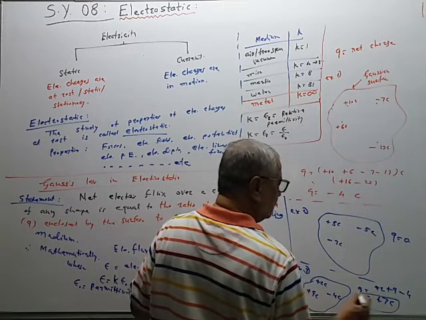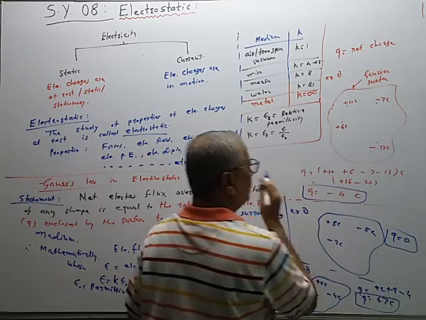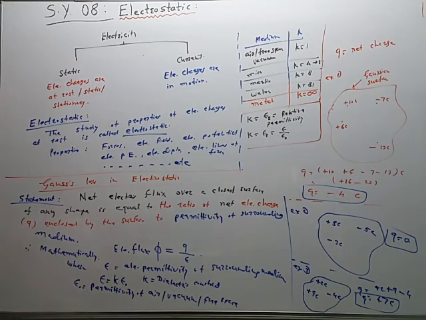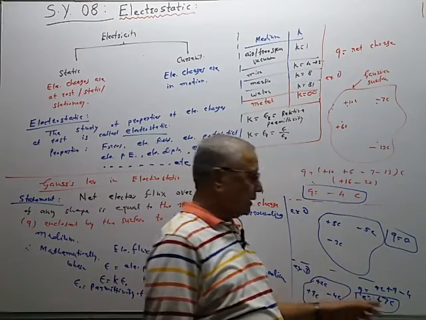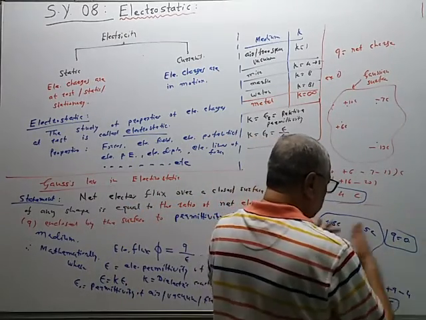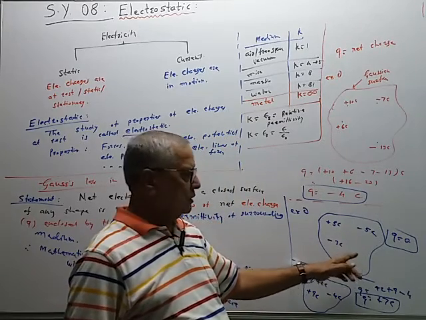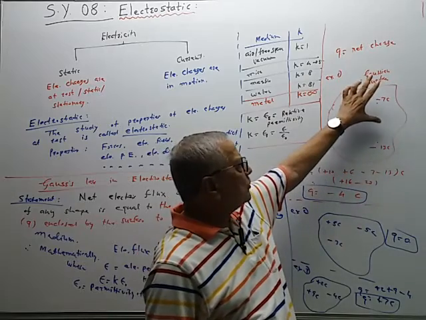So Q may be positive, Q may be 0, or Q may be negative. It is a net charge. If the charge is positive, we know what will happen? The electric lines of force will pass away through the surface, from inside to outside. If the net charge is negative, electric lines of force come in.